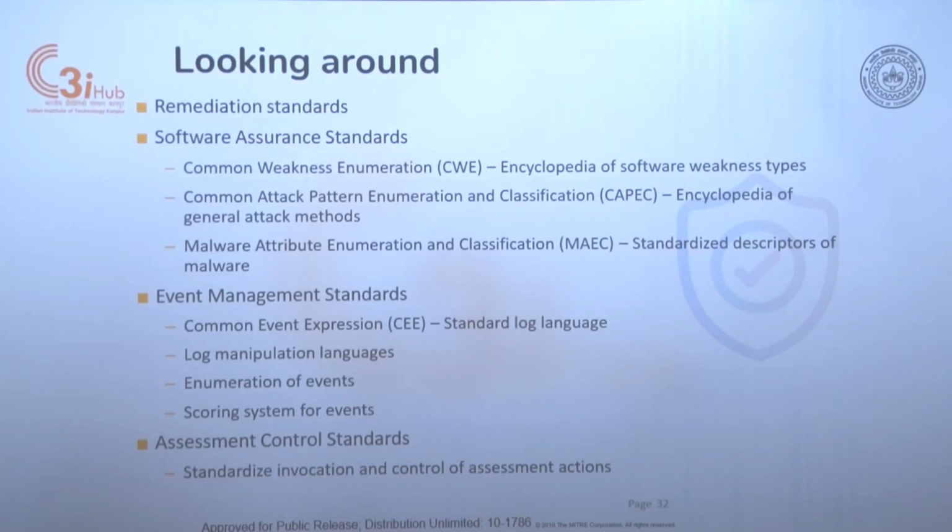Like we were seeing yesterday in the previous class, one of the CVEs was associated with a CWE that talks about the incorrect or inadequate handling of command inputs, leading to command injection.